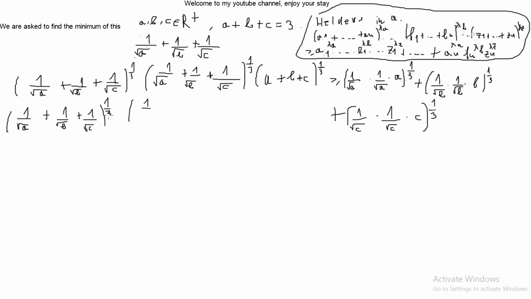Okay, 1 over square root of a plus 1 over square root of b plus 1 over square root of c, to the 1/3, and now a plus b plus c to the 1/3 power.